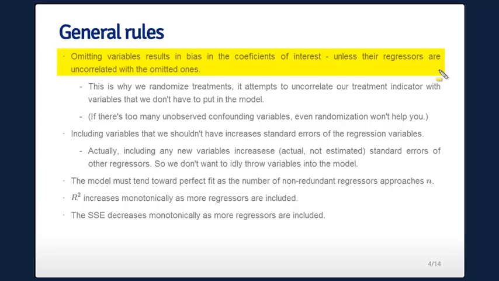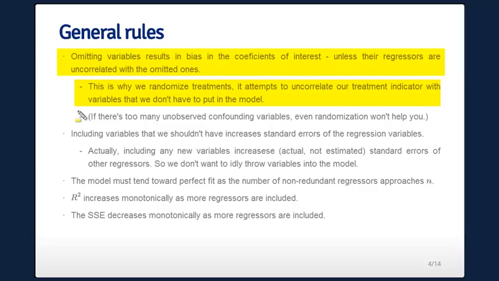So this is why, in case you're wondering, we randomize treatments, and why randomized experiments are the standard for evidence. Because if you want to look at something, say a treatment effect, and you're worried you didn't include a variable, well, the randomization gives you some hope that the treatment assignment is uncorrelated with these unknown unknowns.